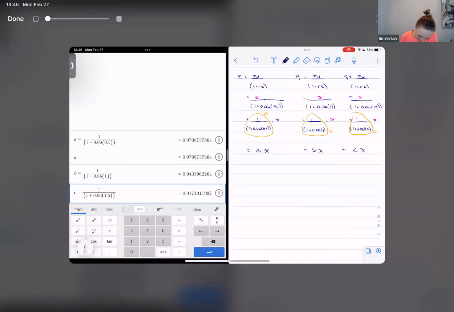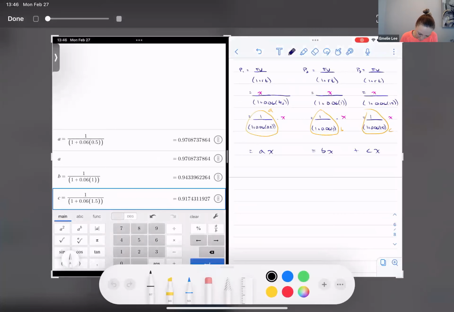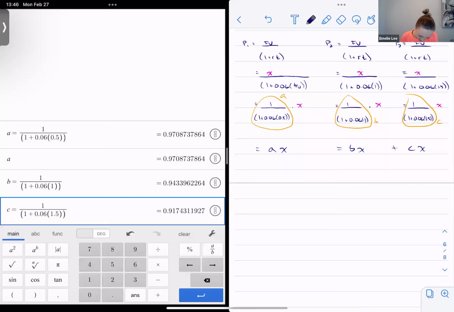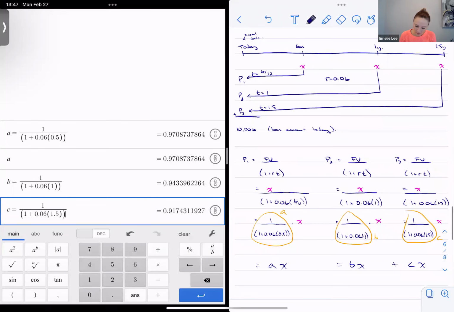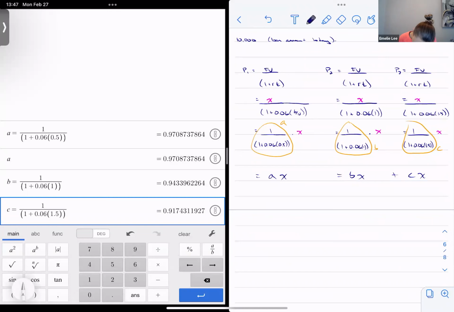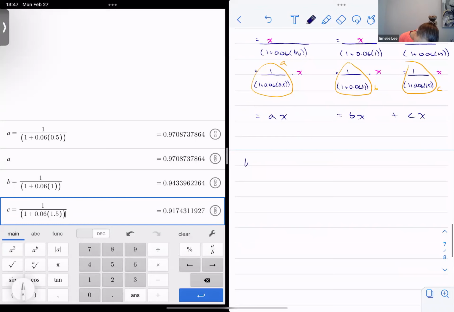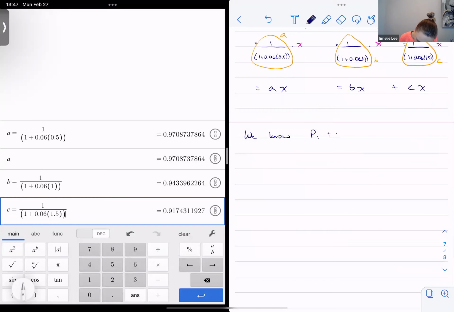Let's see here. Oh, not yet. Delete. So P1 plus P2 plus P3 is $10,000. So we know, and maybe I can just start it on a fresh page, we know P1 plus P2 plus P3 must add to 10,000.